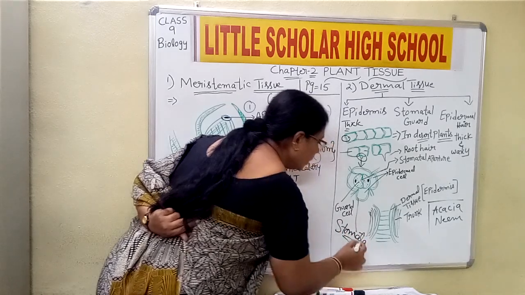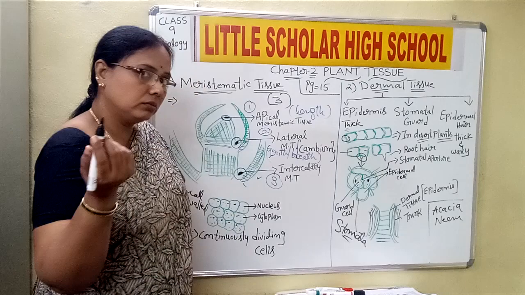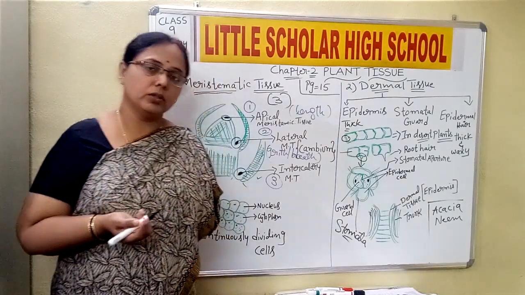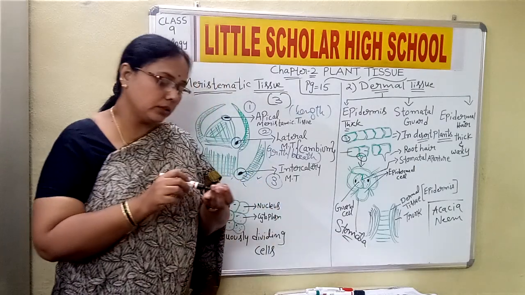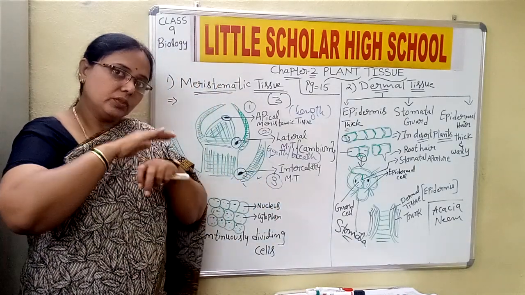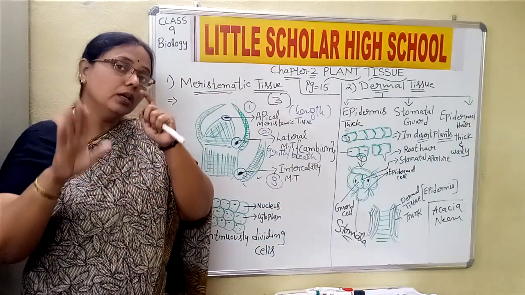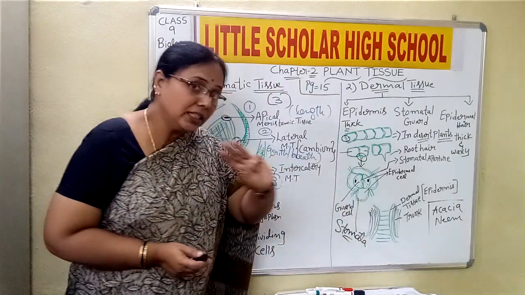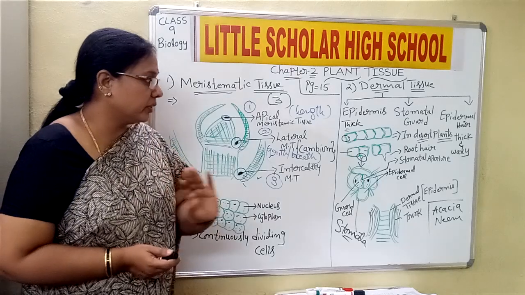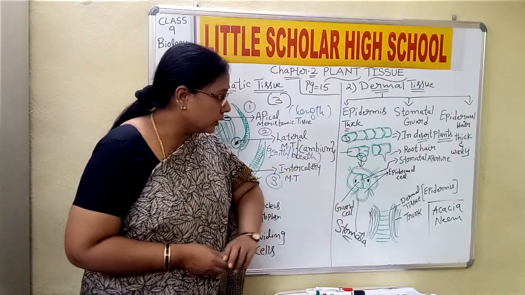Now, you have already learned about this in your previous classes. What is the stomata? It is a small pore-like structure which is present on the surface of the leaf, and it has two kidney-shaped structures which we refer to as the guard cells. Yes or no children?